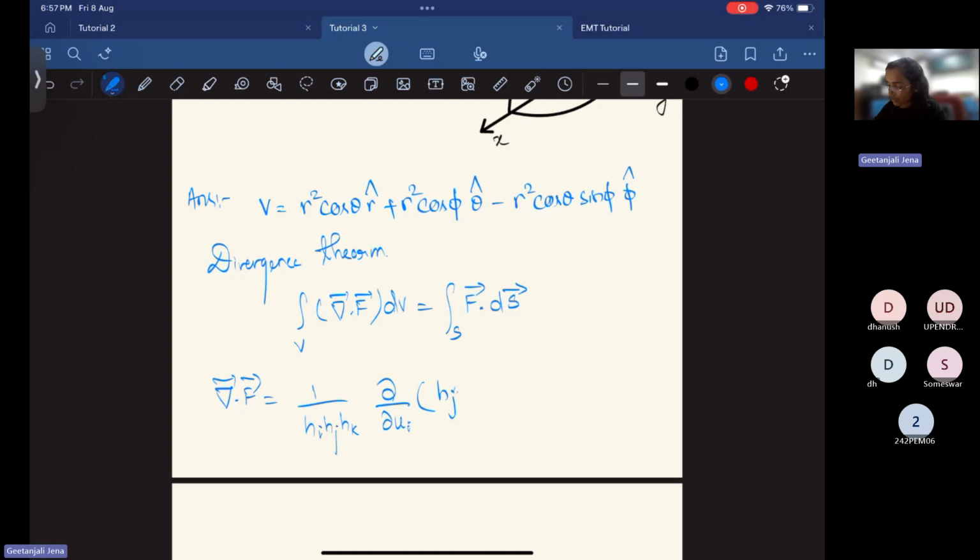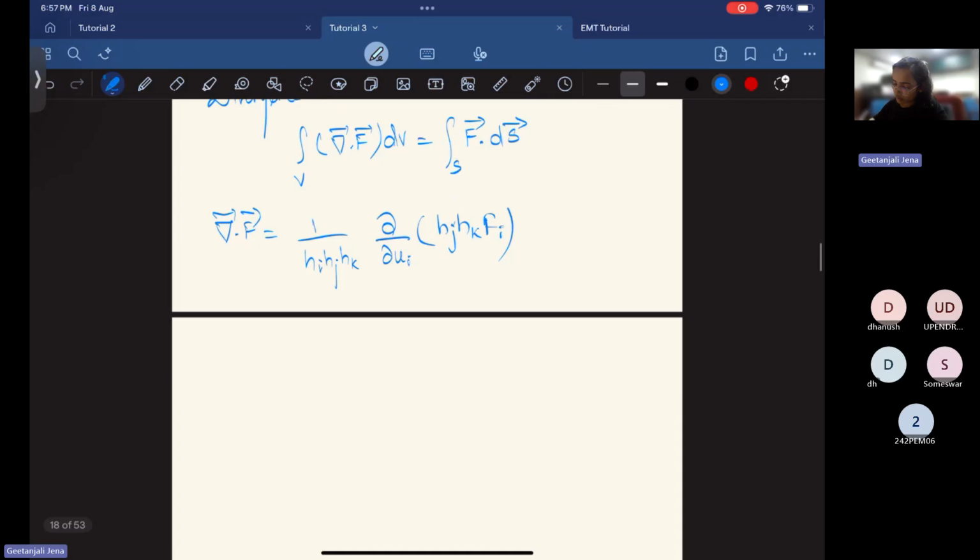Okay. So for divergence, we have 1 by h i h j h k, which are the scaling factors, dou by dou u i of h j h k F i. And for spherical coordinates, if you remember, h i is 1, h j is r, and h k is r sine theta.